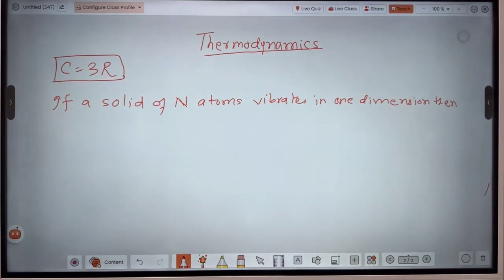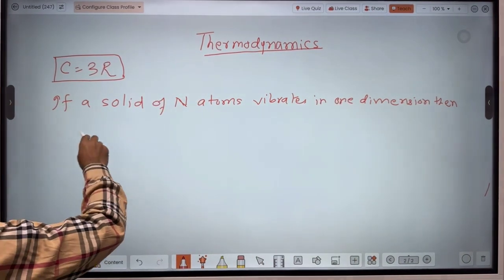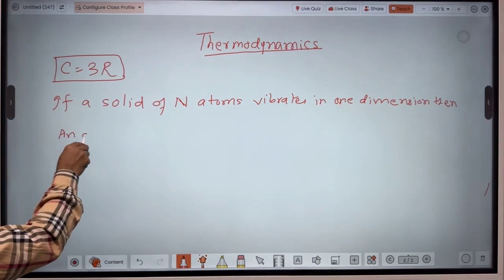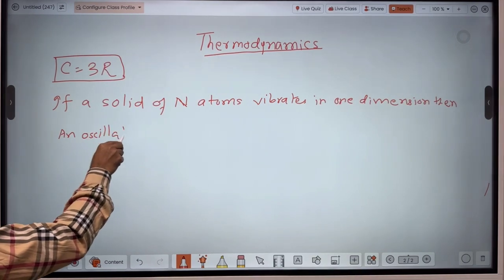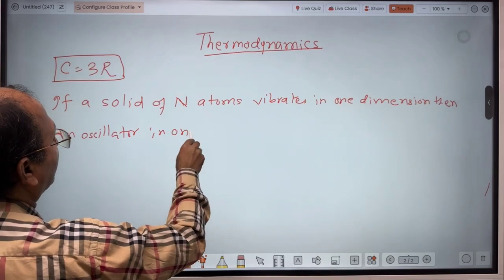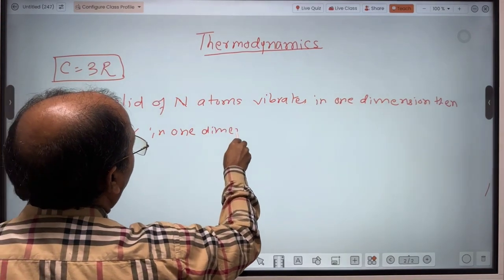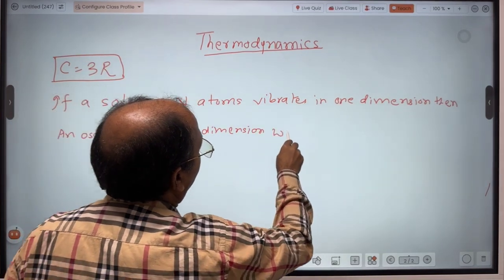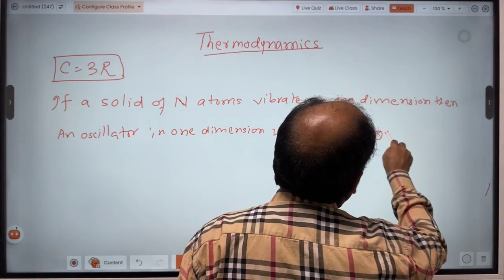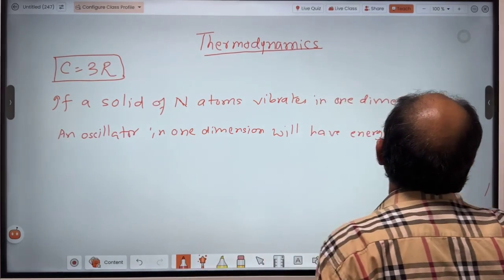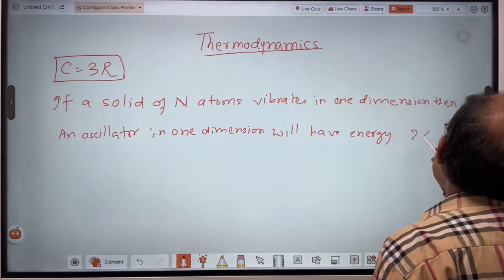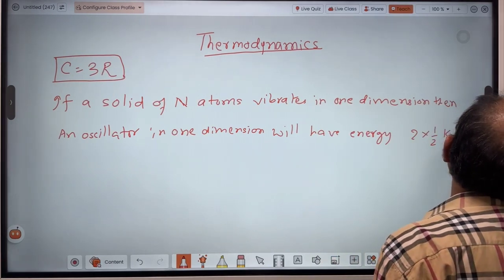Then we can say it is an oscillator, then an oscillator in one dimension will have energy twice of half kBT.